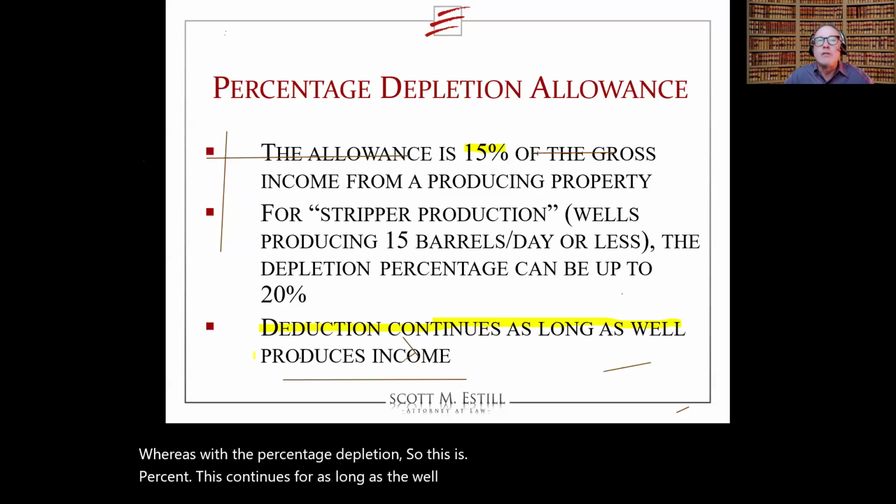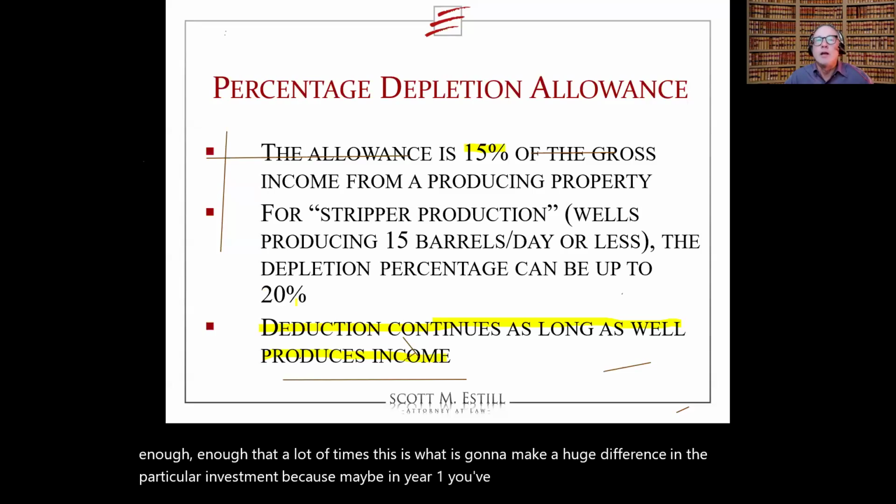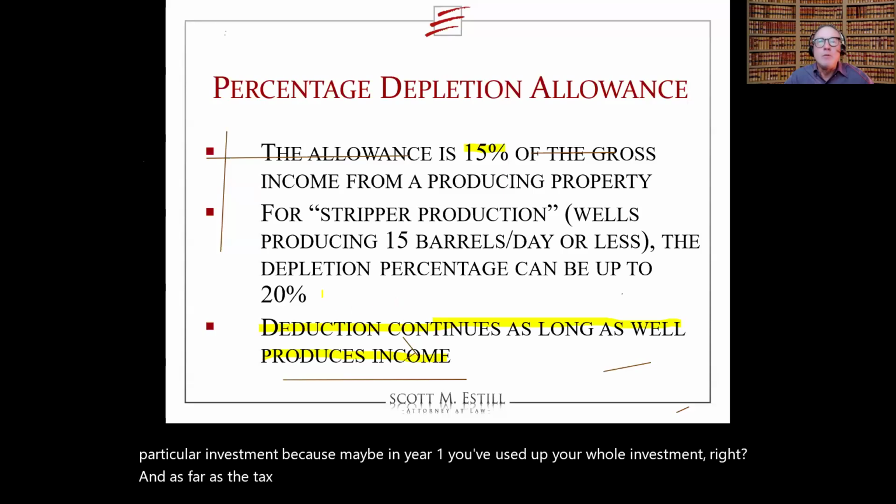And so I can't emphasize this enough that a lot of times this is what is going to make a huge difference in the particular investment, because maybe in year one you've used up your whole investment, right? As far as the tax deductions go. And so maybe 5 years from now, this well is really producing. You've got a lot of income coming in.